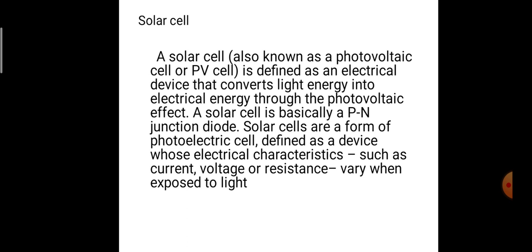A solar cell is basically a PN junction diode. Solar cells are a form of photoelectric cell defined as a device whose electrical characteristics such as current, voltage, or resistance vary when exposed to light.